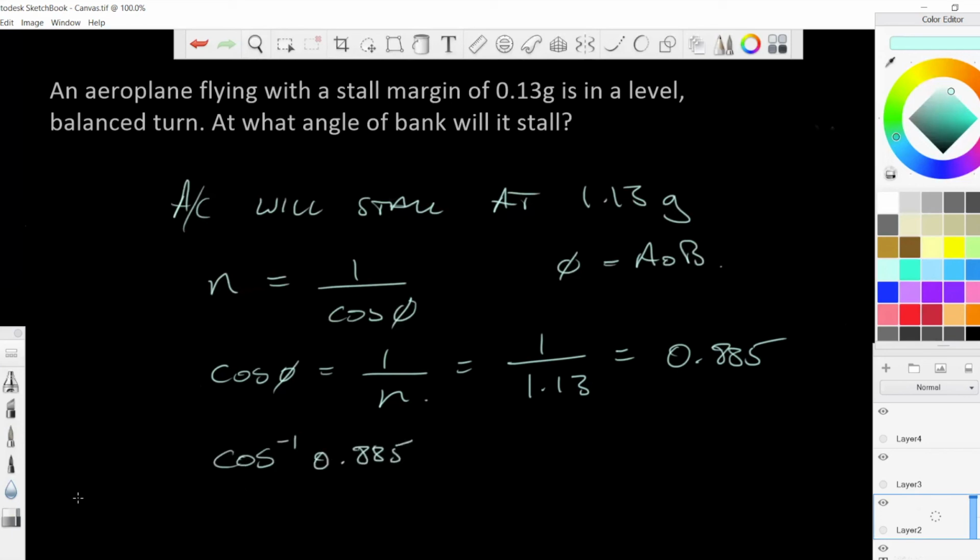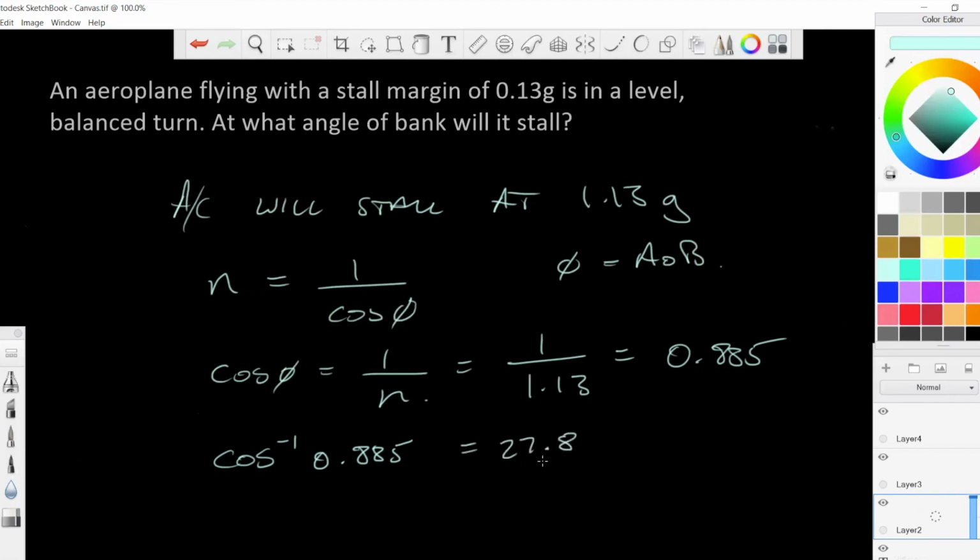You might see inverse cosine written as arc cos. That's not very common anymore, but it's occasionally written like that. On all the calculators I know of, that's written as cos to the -1, and that's shift cosine. So you press shift cosine of 0.885, or just answer if you've got the answer in there already. And the inverse cosine of 0.885 is 27.8 to 3 significant figures.